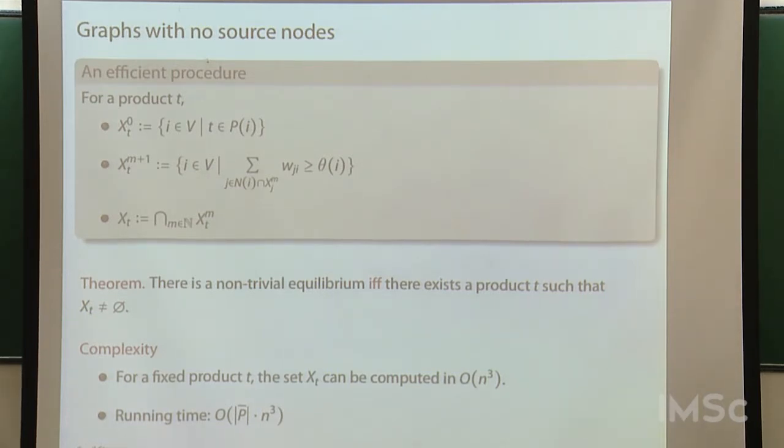Is that statement clear? Of course, this gives you a polynomial time procedure, because once you fix a product, this set X_T can be computed in cube time, and then you are simply iterating over all products. So for such structures where there is no source node, you can check efficiently, in polynomial time, whether there is a Nash equilibrium, in fact a non-trivial Nash equilibrium.